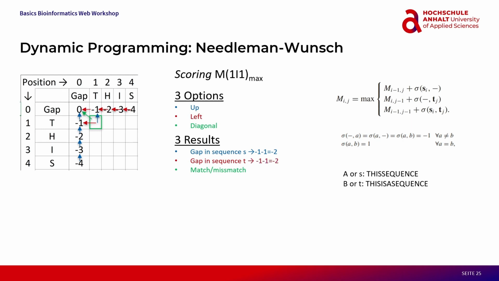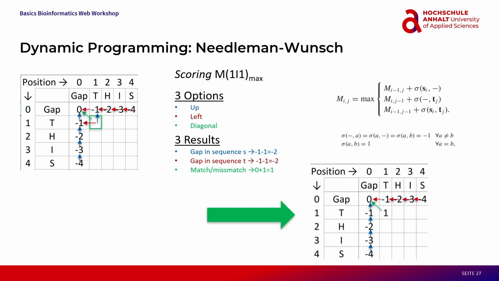Starting from the origin, a score of 0, S1 is matched against T1 in a diagonal movement. As both positions correspond to a T, there is a match which adds the value +1 to the previous score of 0, which ultimately results in the score of +1. That is the maximum score for the position M11 compared to the other two possibilities.